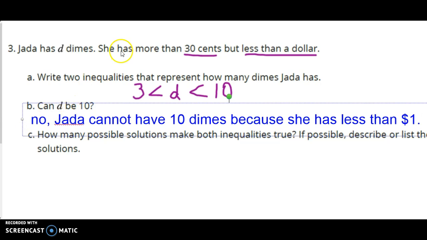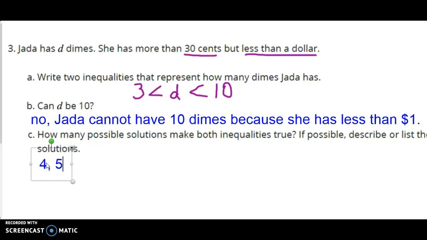How many possible solutions make both inequalities true? Okay, so this is actually 2 different inequalities here. I have 3 is less than D and D is less than 10. So how many possible solutions make both true? D could be 4, D could be 5, D could be 6, D could be 7, D could be 8, D could be 9.